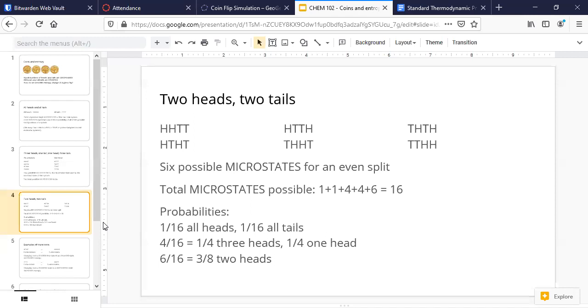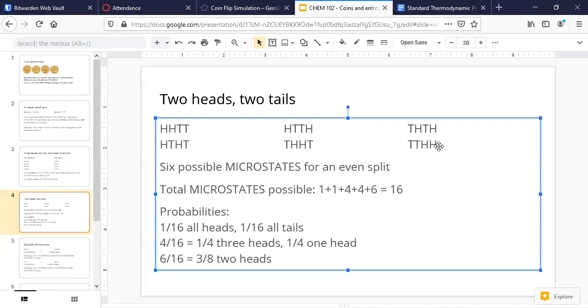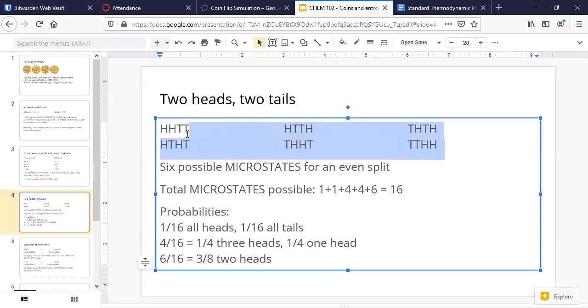And therefore those probabilities. I have 6 possible microstates out of the 16 that have 2 heads. 6 over 16 simplifies as a fraction to 3/8.